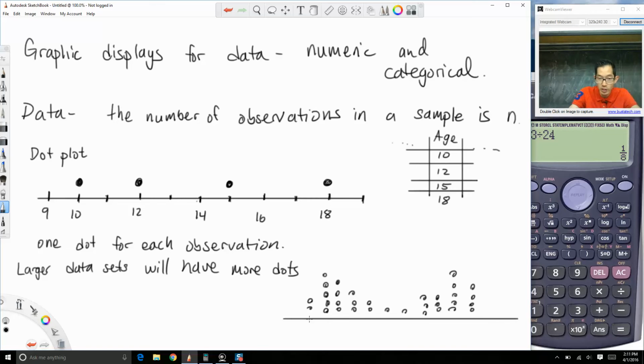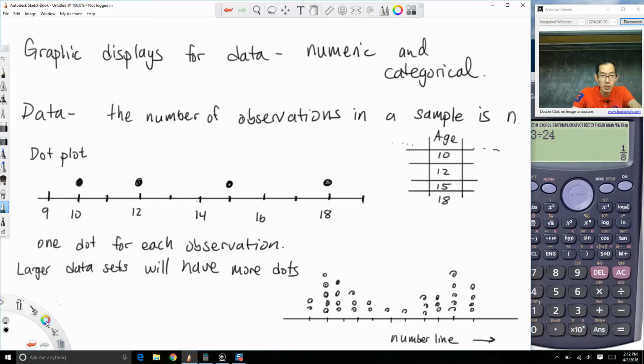And again, across the bottom, you have basically just a number line indicating the value that appears. Number line across the bottom.